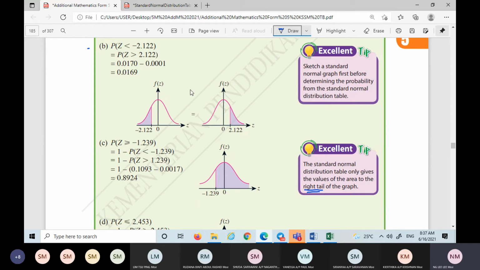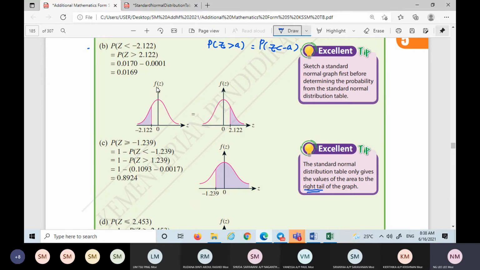How to do this question? Just now I asked you to copy this. You still remember? Okay, if you draw out the diagram, you see Z is smaller than negative 2.122. So you draw a line at negative 2.122, and because it's negative, this line has to fall on the left hand side of the y-axis.